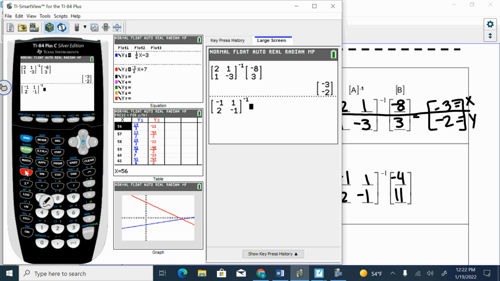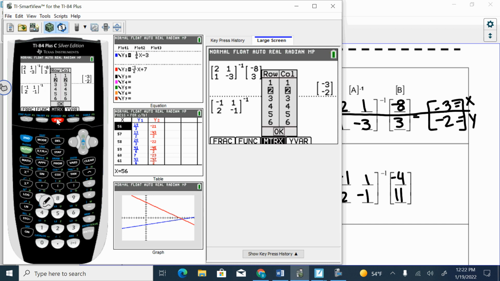All right. Then we need to do the same thing for the -4, 11. So alpha F3. This one still has 2 rows, but how many columns does it have? Good. So change it to a 2 by 1. Go down to the bottom. You're going to press OK.